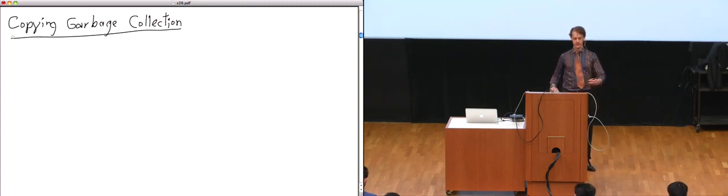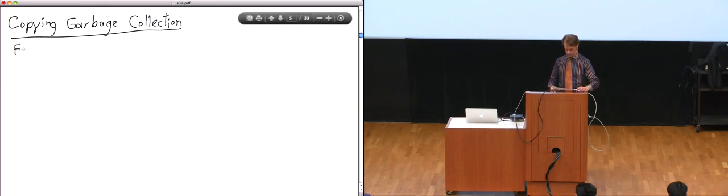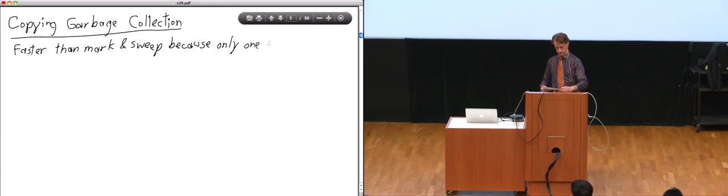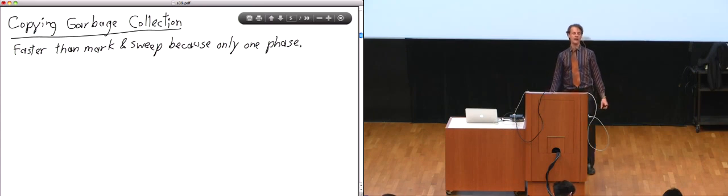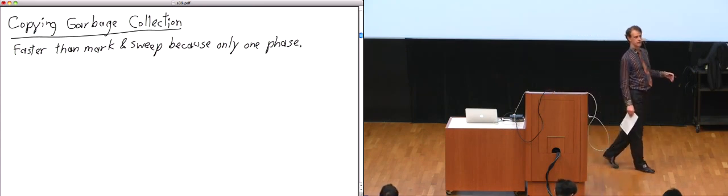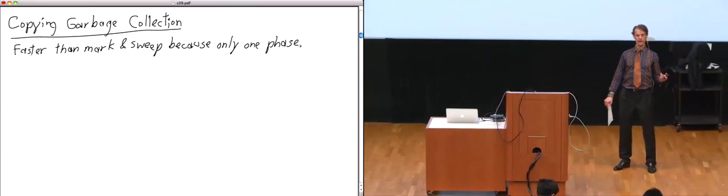And again, it's faster than mark and sweep, because there's only one phase instead of two phases. We don't have a separate mark phase and a separate sweep phase. We're kind of combining them into one.